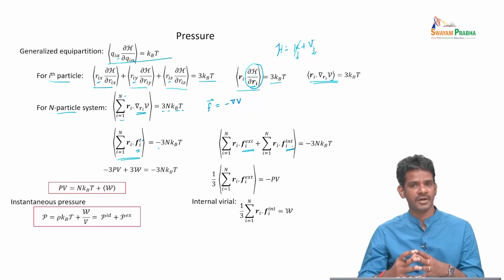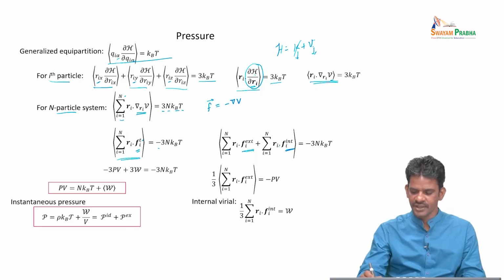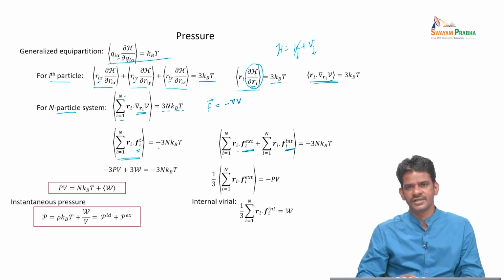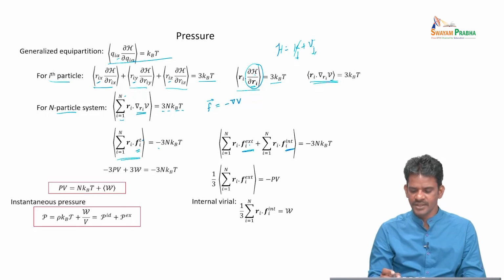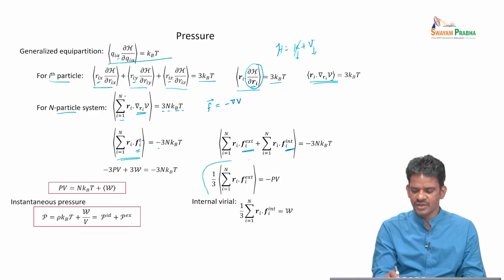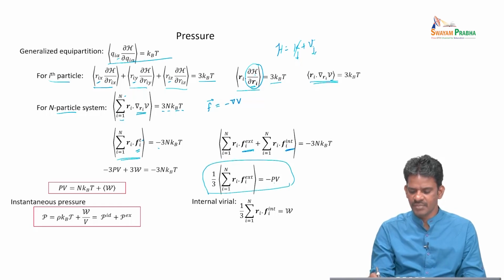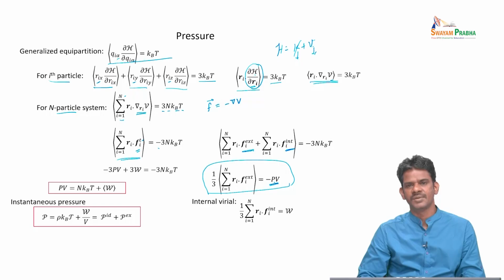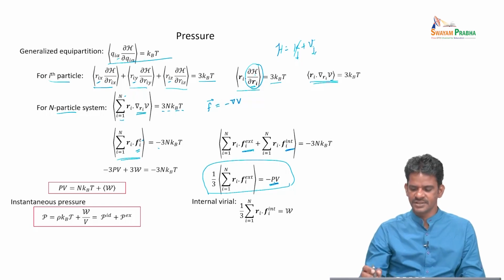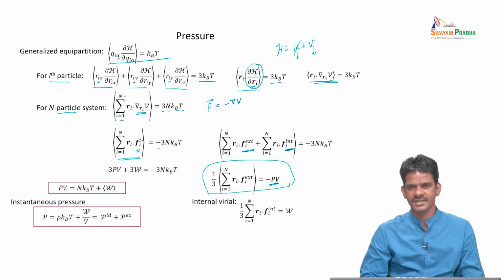So all these intermolecular forces are encoded here, and all the boundary effects are in the external force. Now it can be shown, and I am skipping the proof here, that if I look at only the external component, that should give you minus PV. This is something one can derive using kinetic theory of gases, whereas this part comes from, as I said, intermolecular forces.